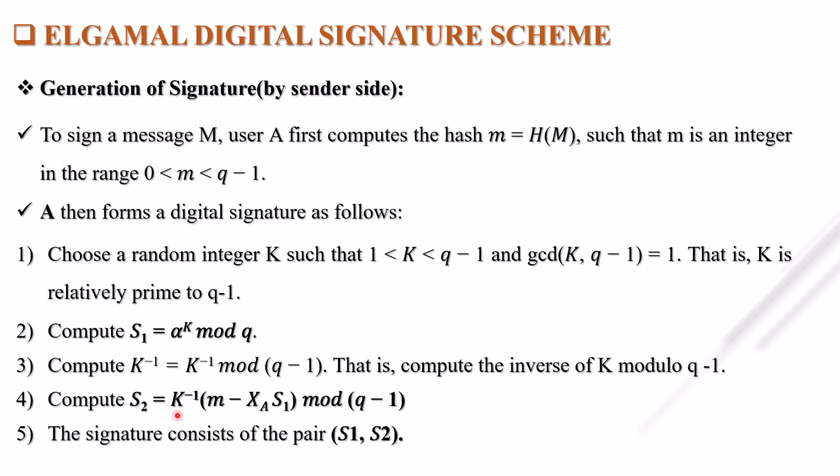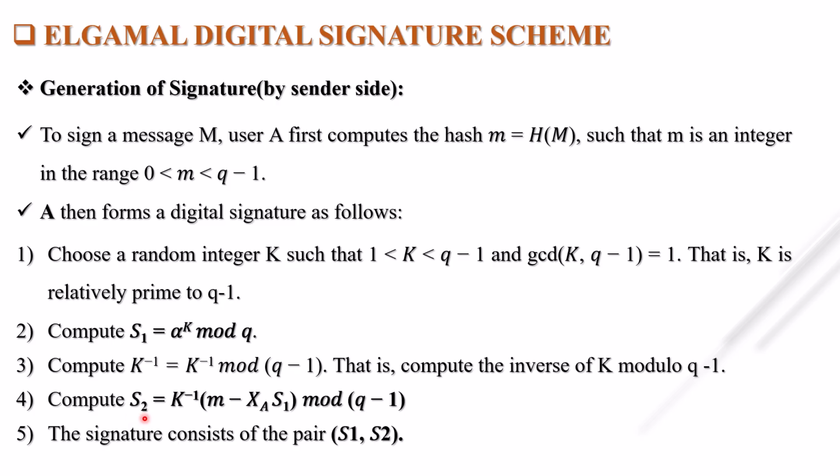So how to find k inverse? k inverse is computed modulo q minus 1, that is, compute the inverse of k modulo q minus 1. When we get k inverse, we are able to compute signature 2, that is S2. What is S2?